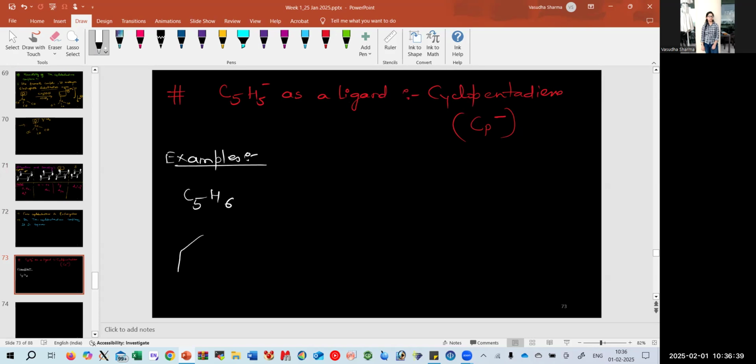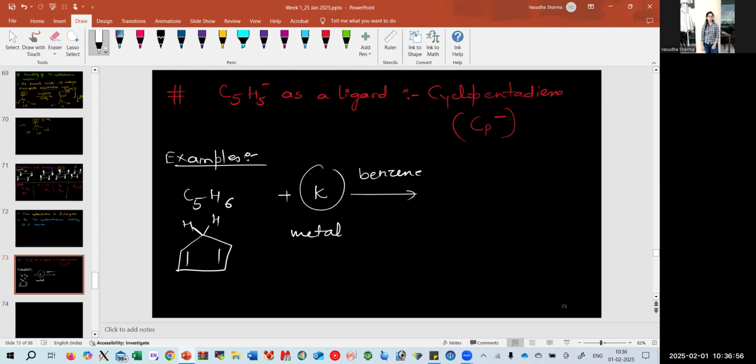So firstly, we'll take the examples. C5H6, what we have in hand here, there would be two hydrogens. If it is treated with potassium, this is a metal, it would give one electron and form K positive.